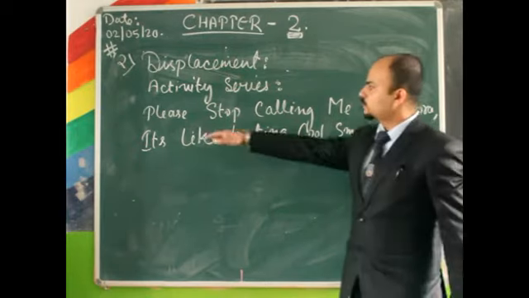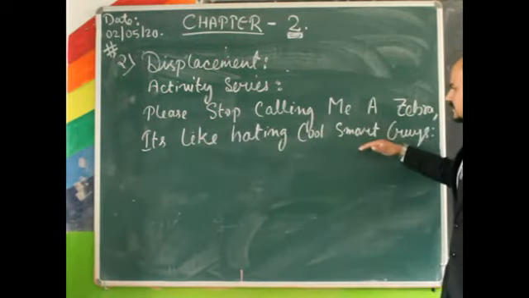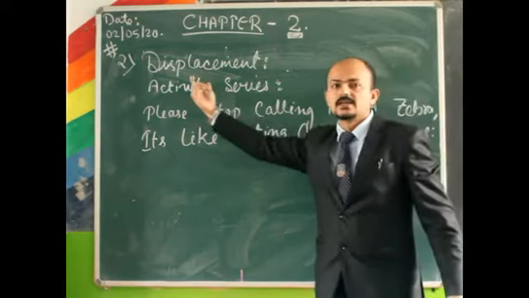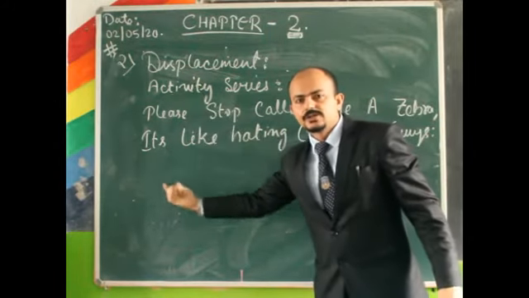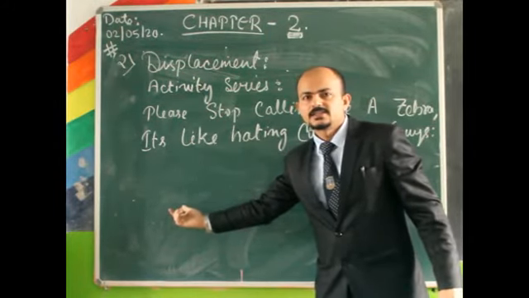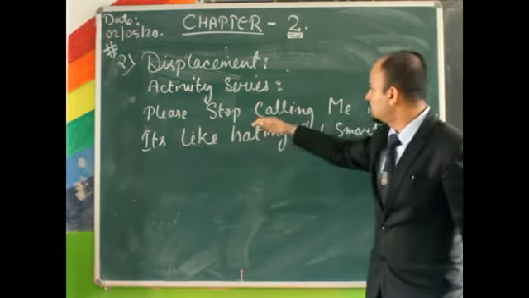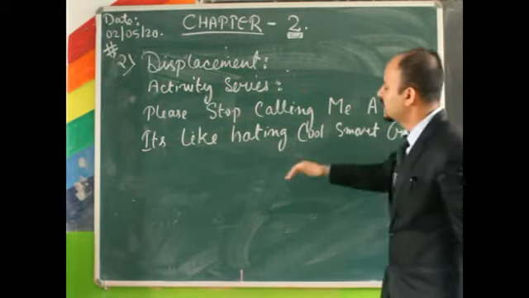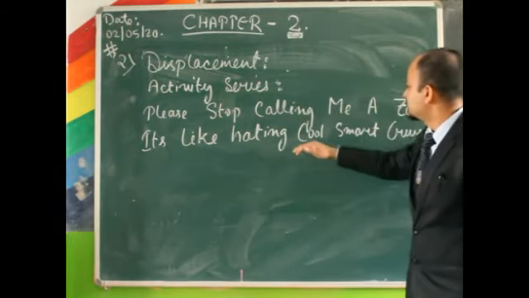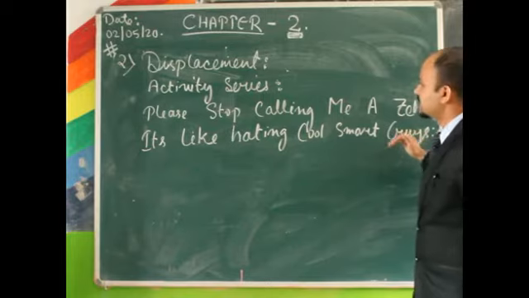Now, once you remember this particular sentence, you can arrange the elements according to their activity, reactivity order. So please stop calling me a zebra. It's like hating cool, smart guys.